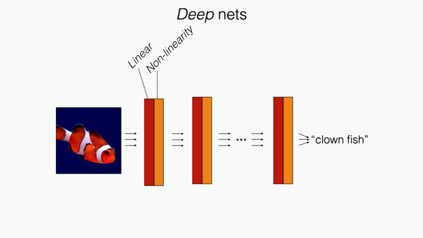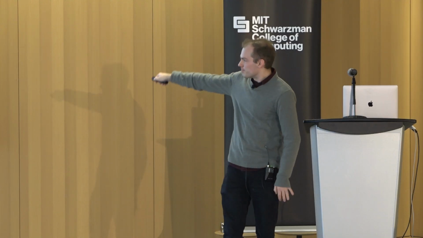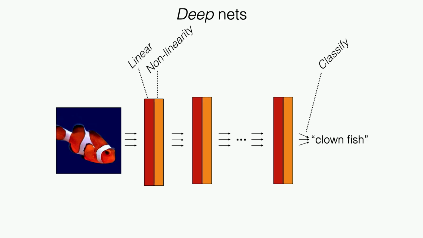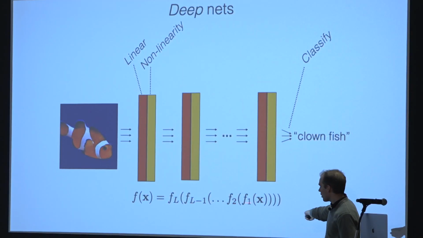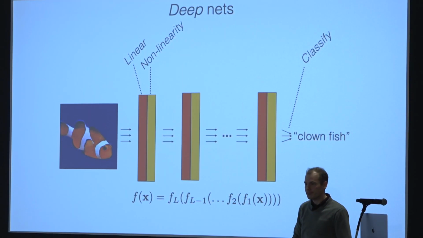And they add little other motifs on top of that as well. But it's always a sequence of linear, nonlinear, linear, nonlinear. Okay, we might have special layers at the end to read off our prediction, which I'll talk about in a bit. And here's what it looks like. Every layer is a function, and we just have this kind of composition of a lot of functions.